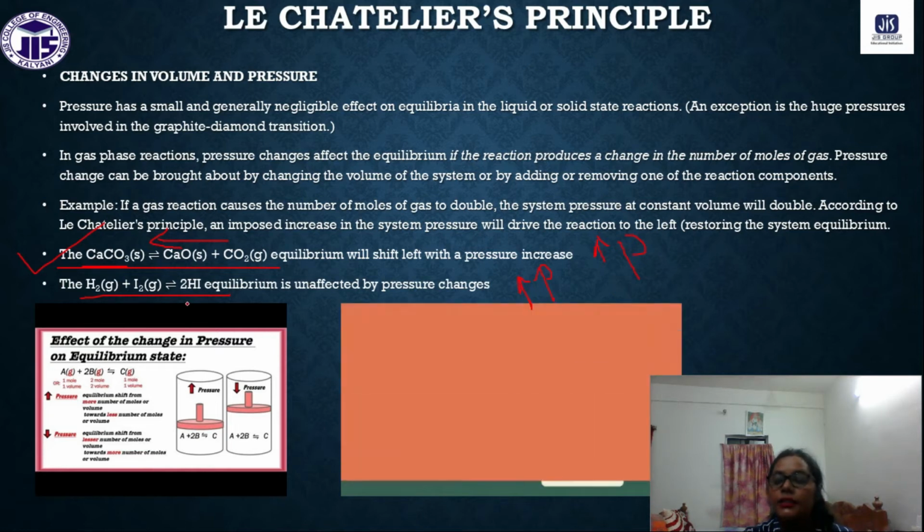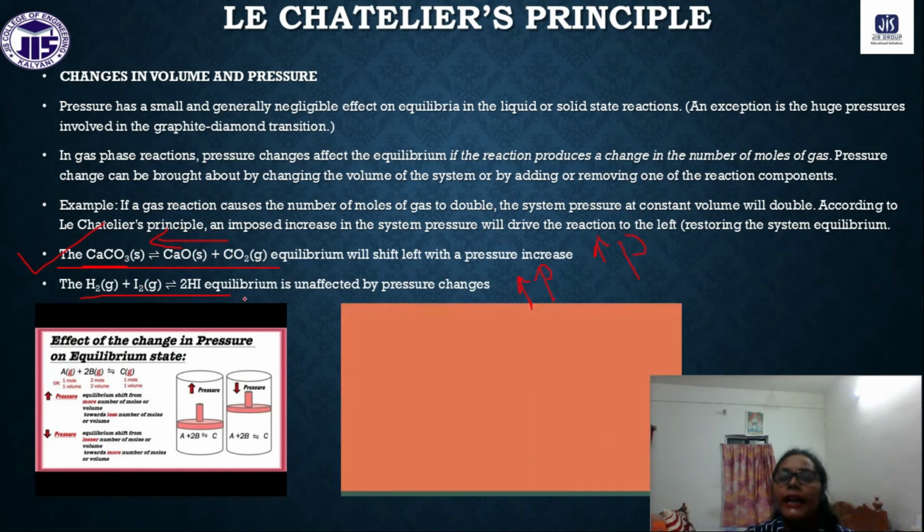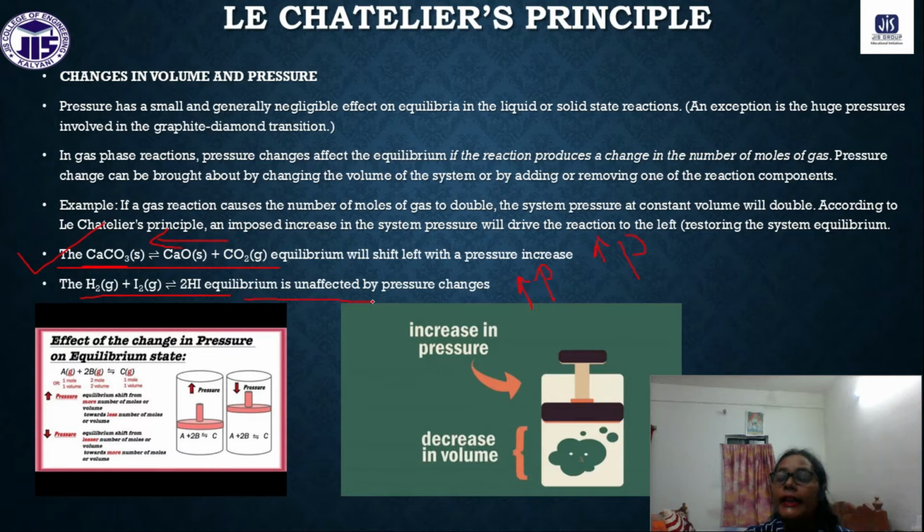That means the reaction will go towards the direction where fewer molecules are produced. But here there are two molecules of reactants and two of products, so the equilibrium will be unaffected by pressure changes. So if we change the volume or the pressure, the reaction will change to minimize the effect of that change.